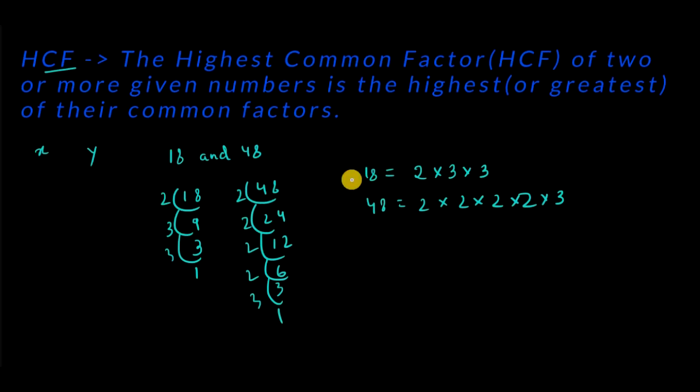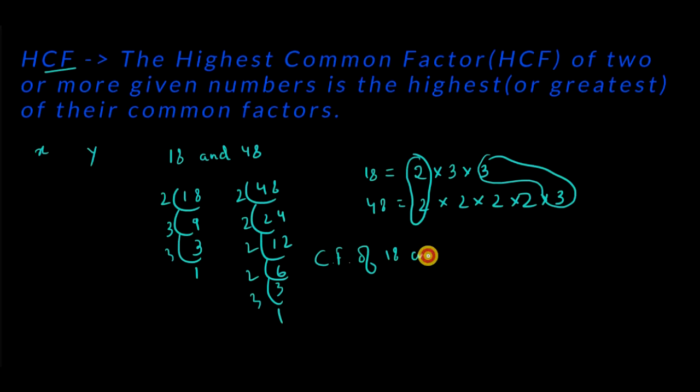If we are asked to find the common factors, let's see the common factors first. 2 is a common factor, 3 is a common factor, but we know that 1 will also be a common factor. So the common factors of 18 and 48 will be 1, 2, 3.